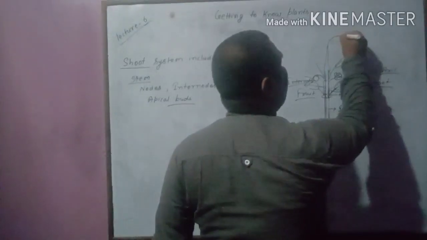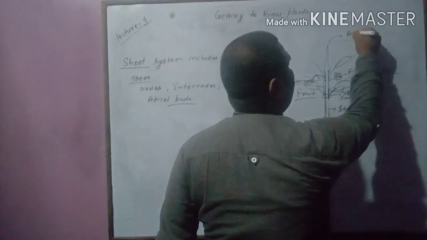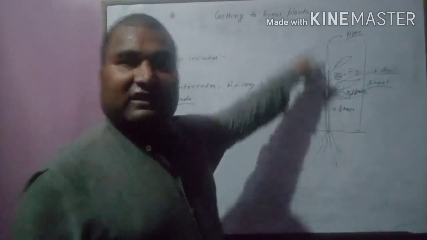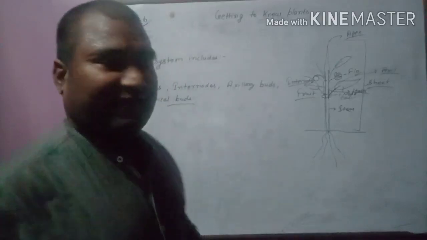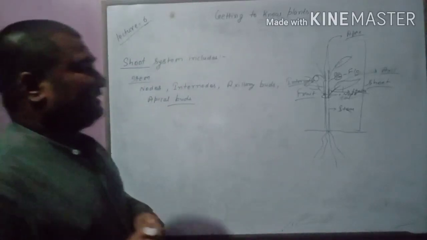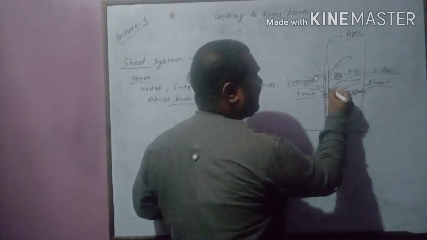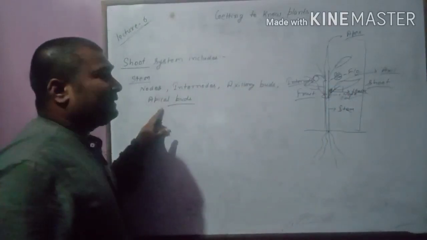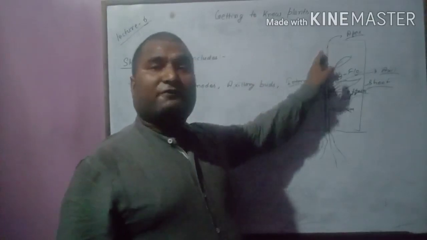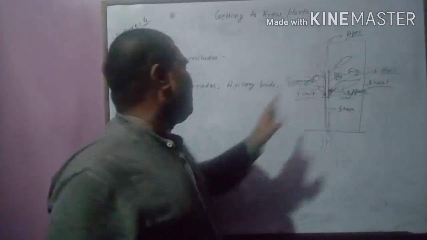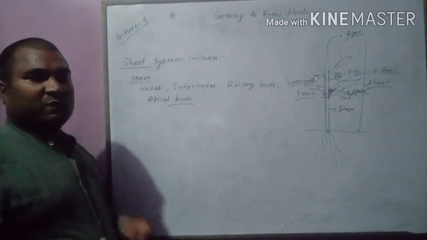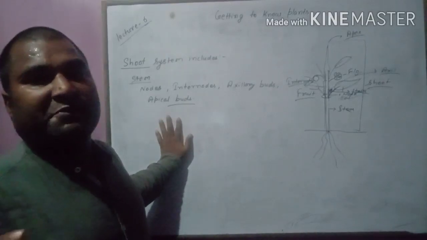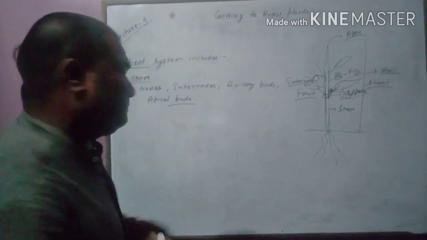And the tip of the stem is called apex. So the bud present at the axil is called axillary bud, and the bud present at the tip of the stem is called apical bud. So these 4 points you have to understand when you are dealing with stem.